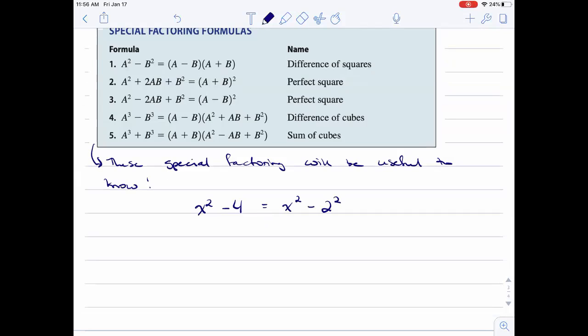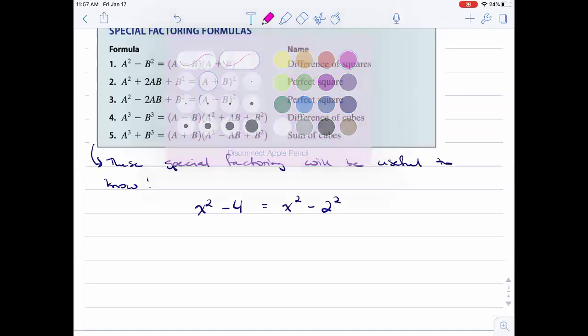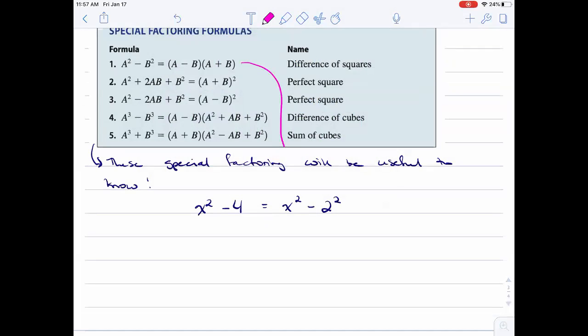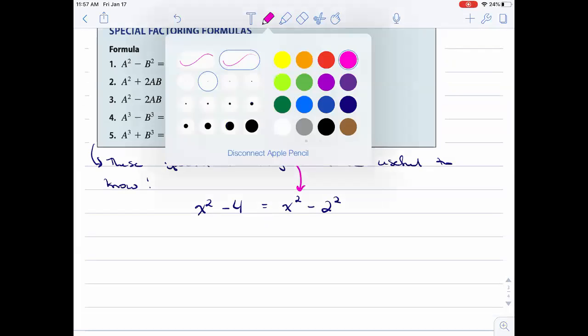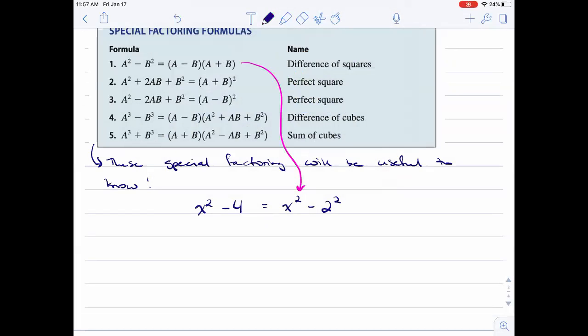And so now, by the special factor formulas, in this case the first one, I've got a squared minus b squared. So to factor this, I've got a minus b, so x minus 2, times a plus b, x plus 2.